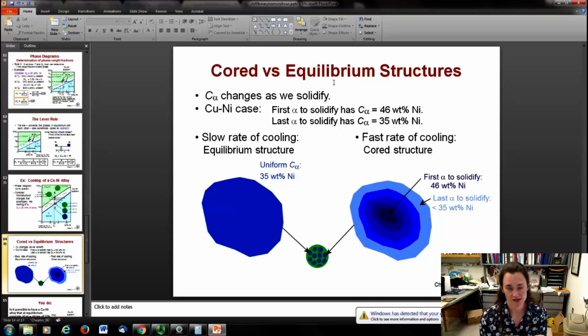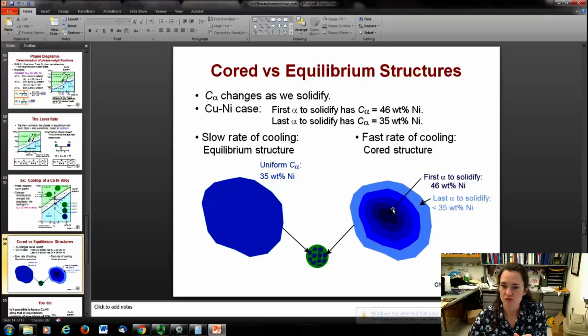They want results, they've got money, they've got deadlines, and so things usually aren't at equilibrium conditions, okay? What happens when you're not in an equilibrium condition is that the diffusion of the copper and nickel moving around doesn't have time to happen. So when it starts to cool, in the very core, when the nuclei first form, you've got a very nickel-rich phase.